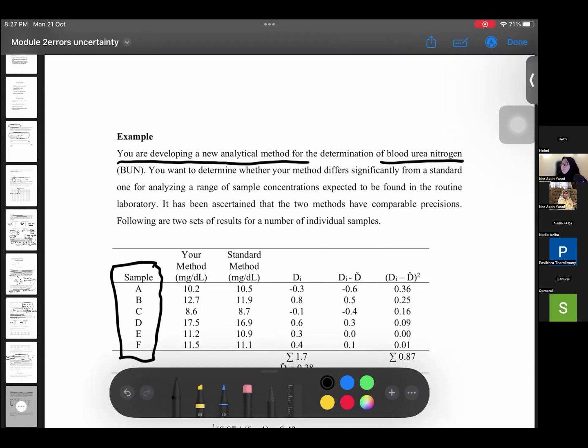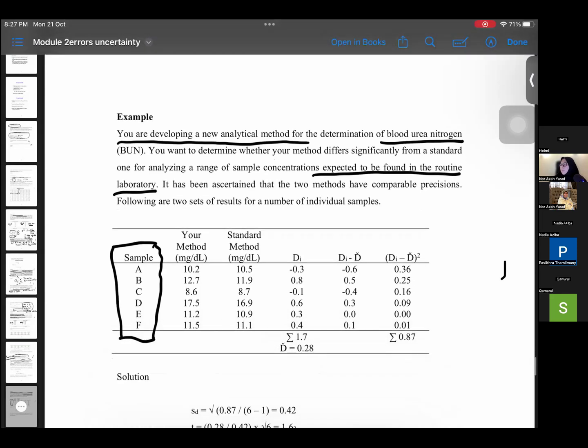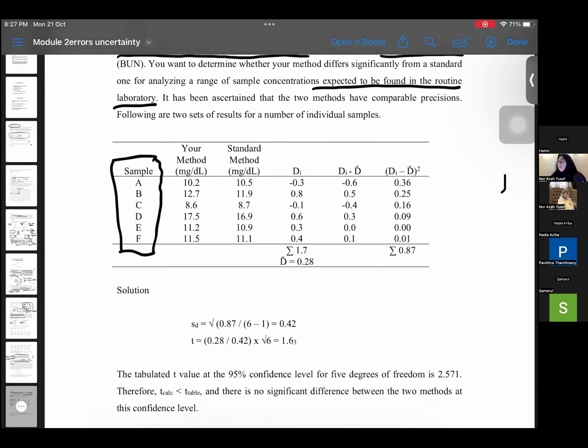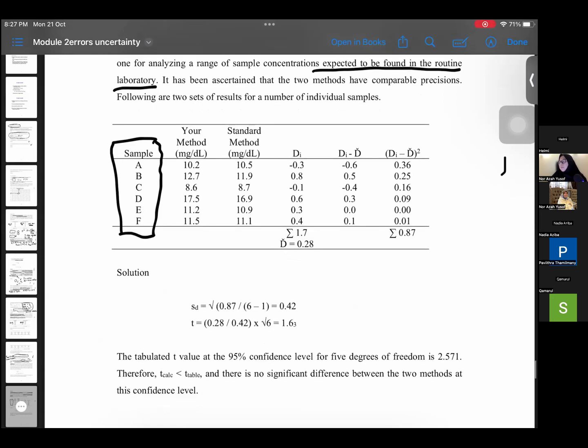You want to determine whether your method differs significantly from a standard one for analyzing a range of sample concentrations expected to be found in a routine lab. It has been ascertained that the two methods have comparable precision, following the other two sets of results. So you can do multiple analytes.